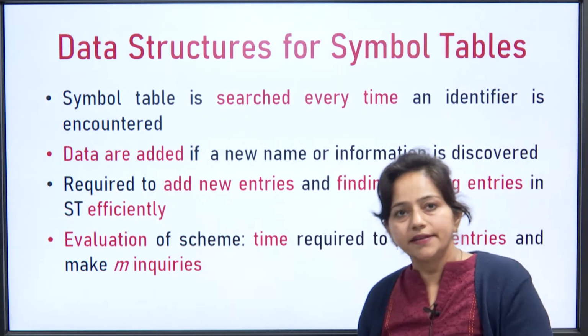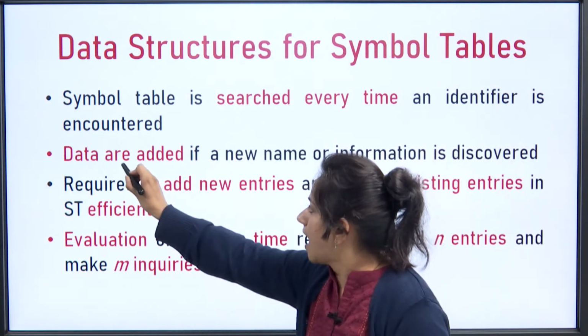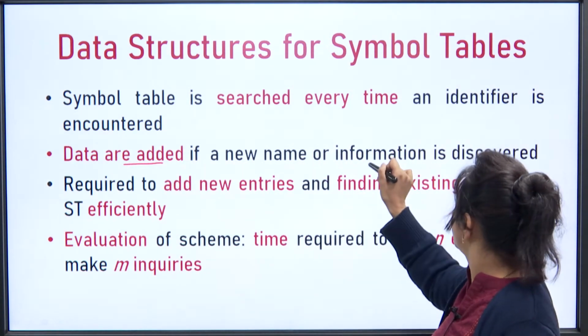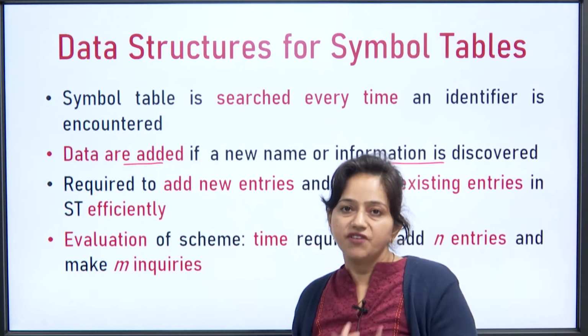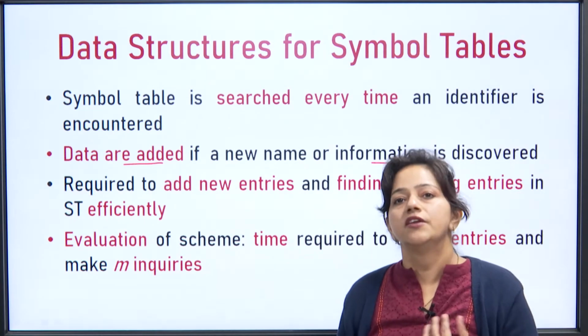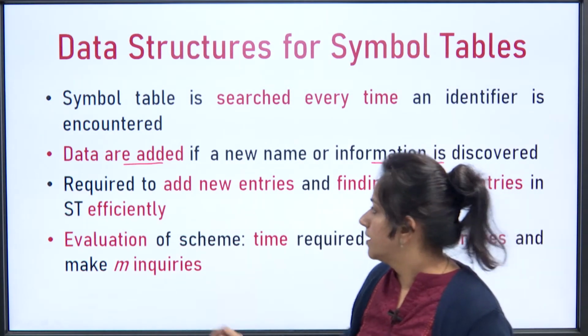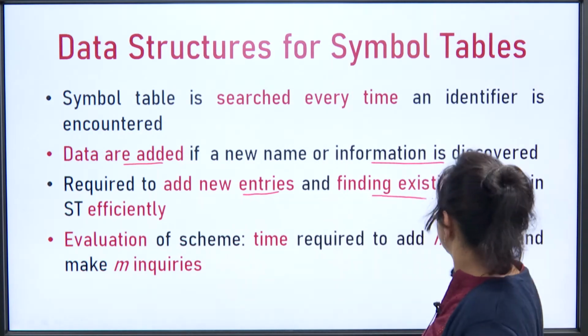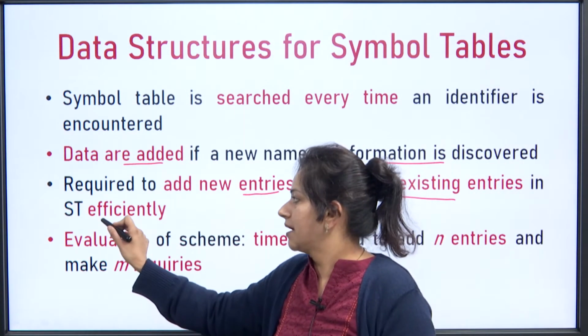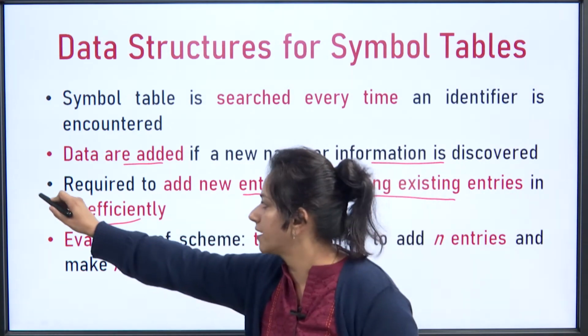If it is not in the list, then data are added: if the name is new, the name will be added, and if the information is new, the information will be added. So it is required to add new entries and find existing entries in the symbol table efficiently. This is a very important point.